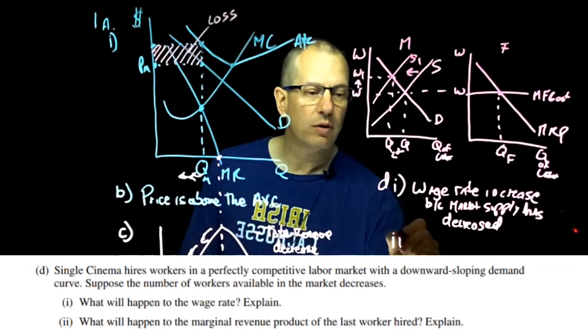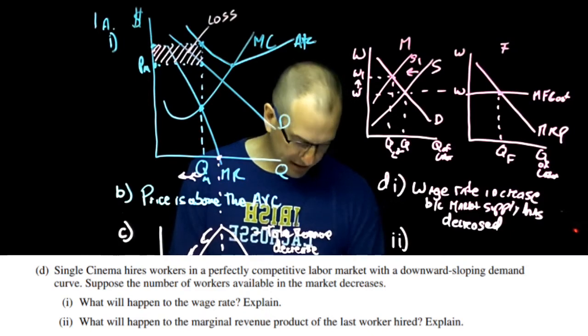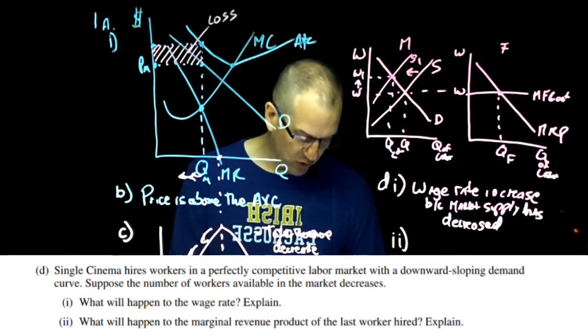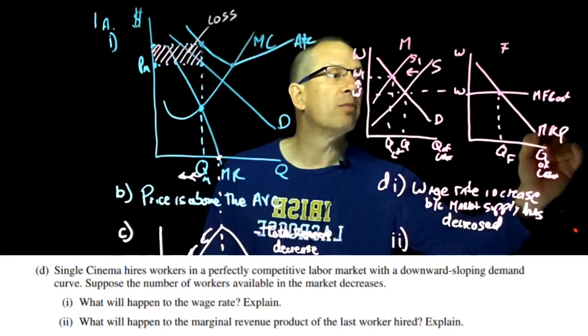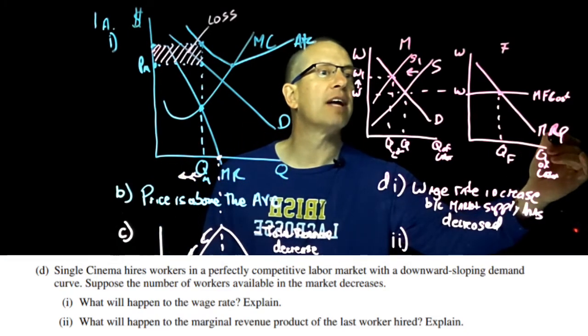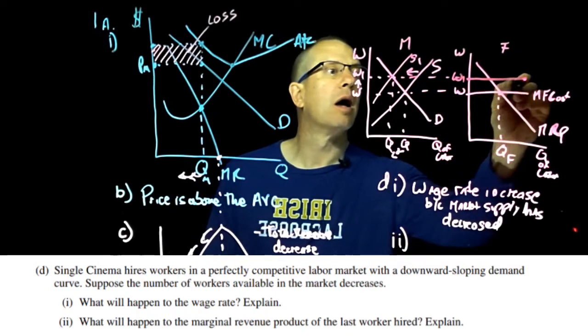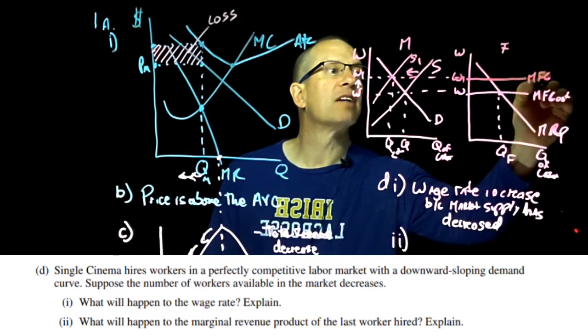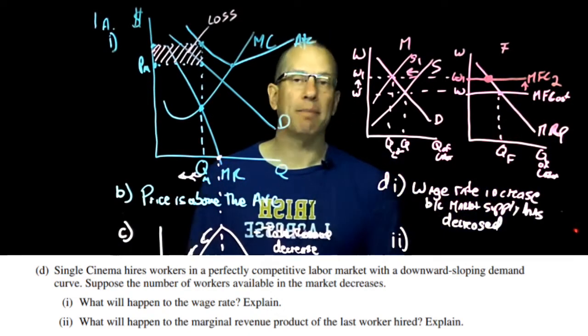D2 asks, what will happen to the marginal revenue product of the last worker hired? If you take a look at this, marginal factor cost 2 goes up here. Look what happened.